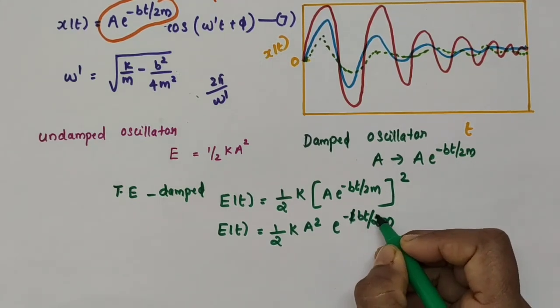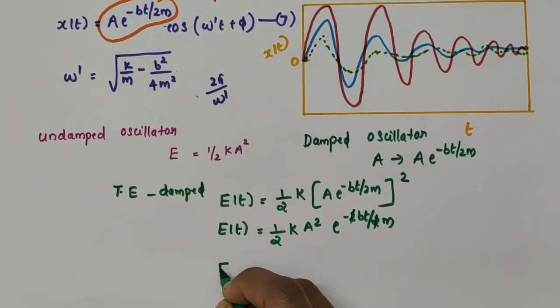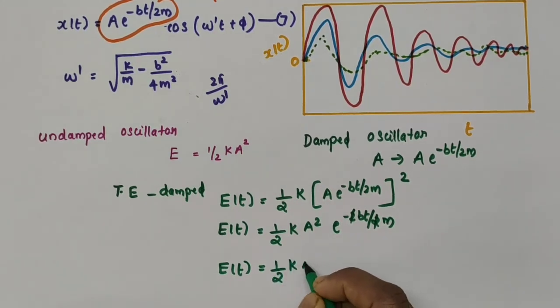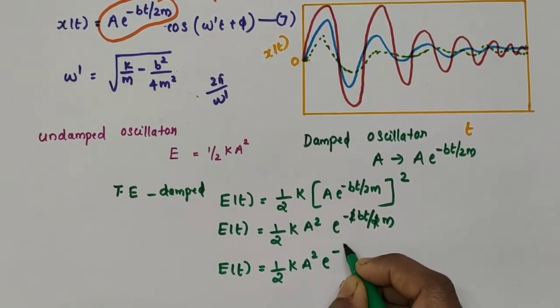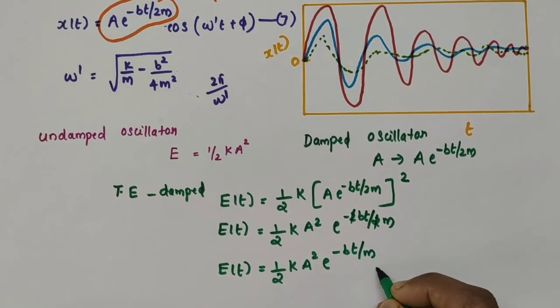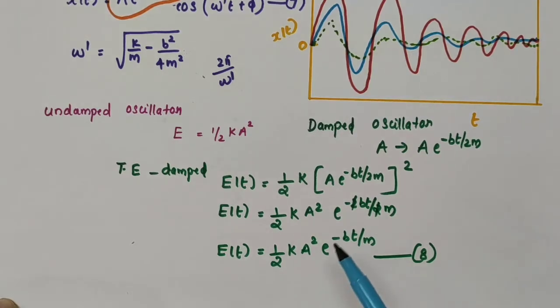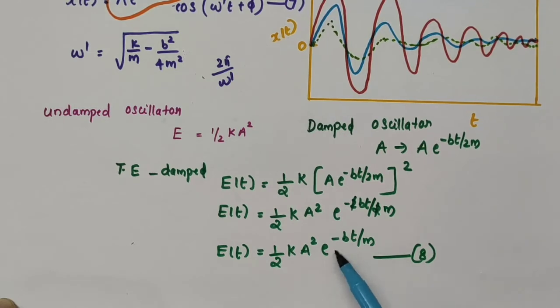This 2 and this 2 can be cancelled now. So E of t is equal to half k A square e raised to minus bt by m, and I am taking this as equation number 8. So the total energy of the system decreases exponentially with time.